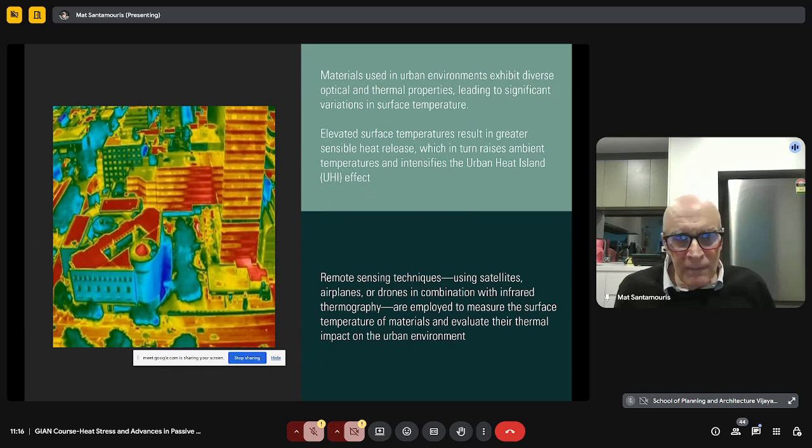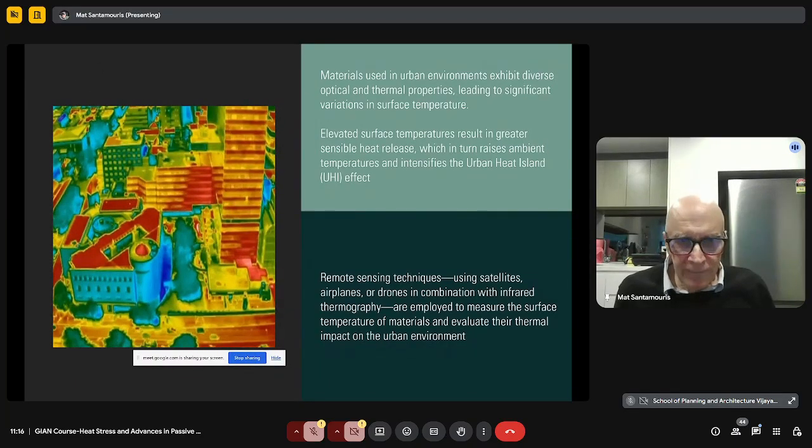You see a picture, for example, from the center of Sydney. The red color corresponds to high temperatures, the blue color corresponds to lower temperatures. These pictures are taken by using infrared thermography.